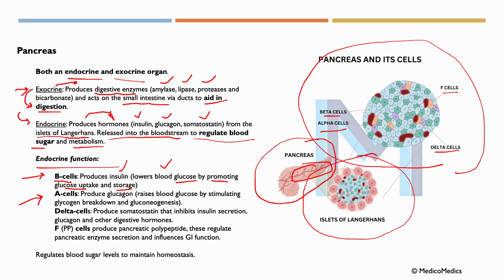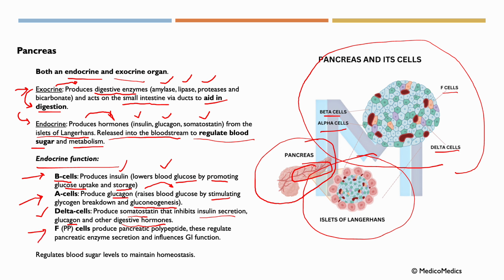We have alpha cells. These produce glucagon. These are involved in raising blood glucose by stimulating glycogen breakdown and something called gluconeogenesis. Furthermore, a bit less known, we have delta cells. These produce somatostatin that inhibits insulin secretion, glucagon secretion, and other digestive hormones.